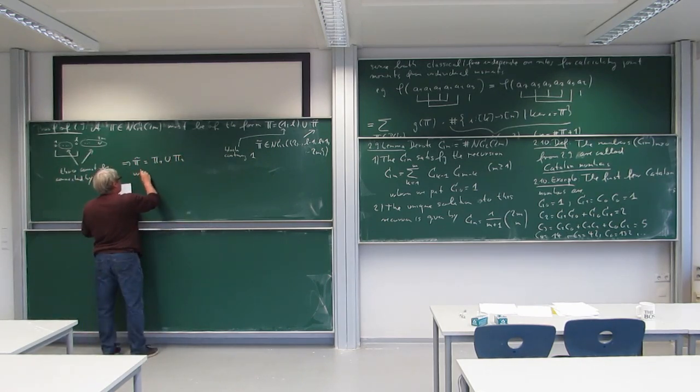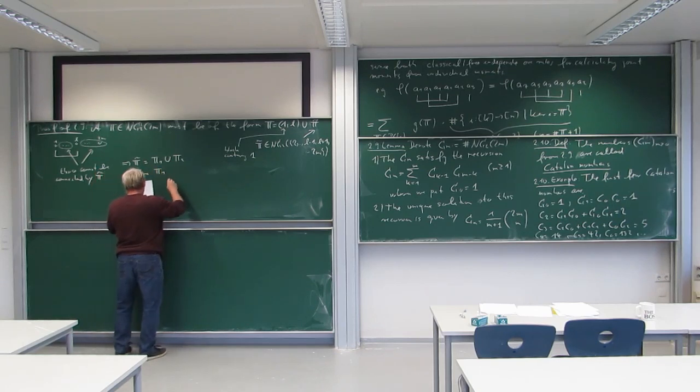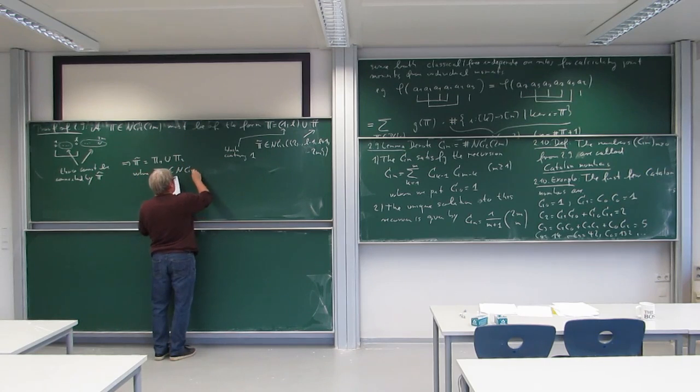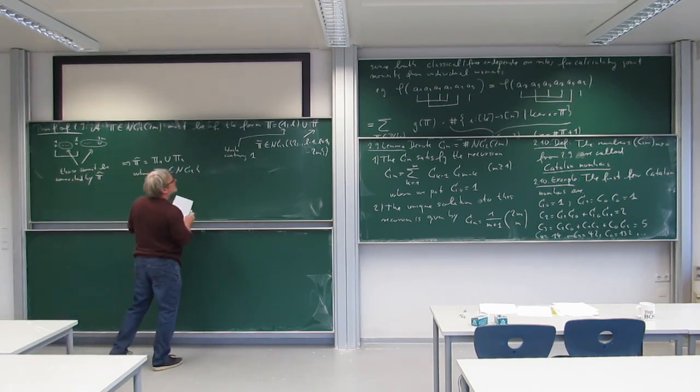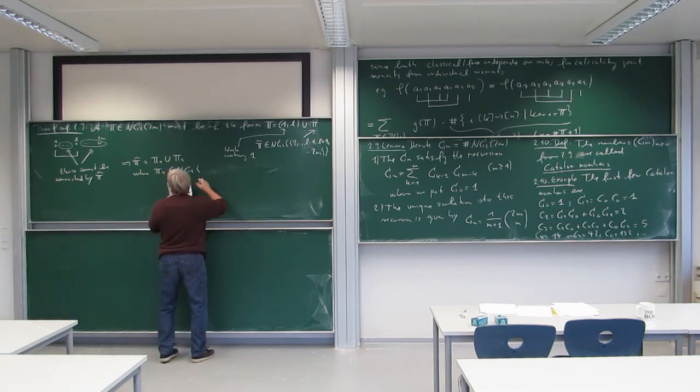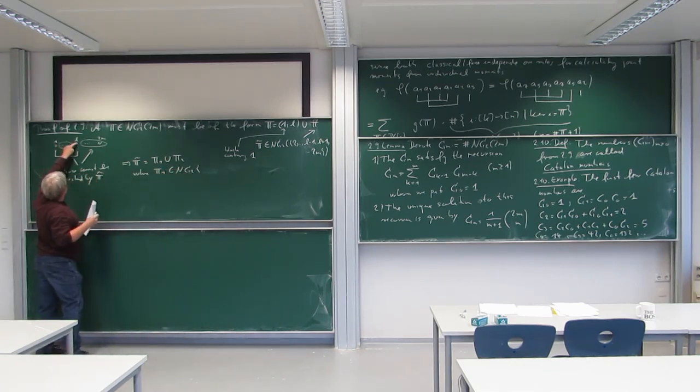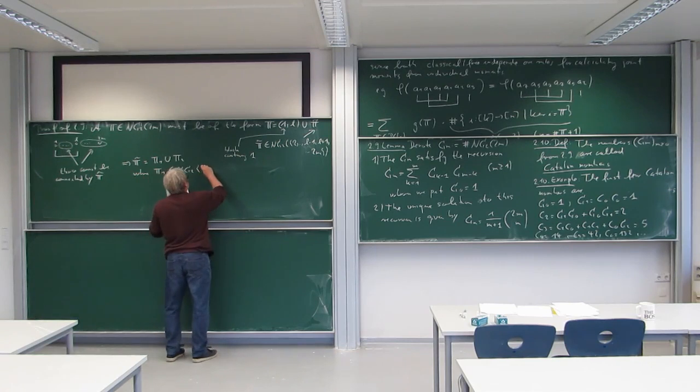So this one, pi 1, is a non-crossing pairing of the points lying between 1 and L. Those are points 2 up to L minus 1.